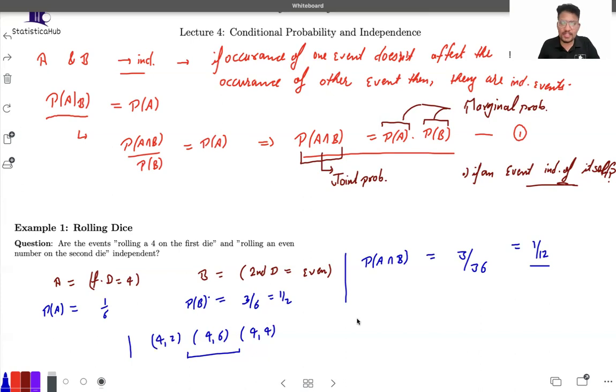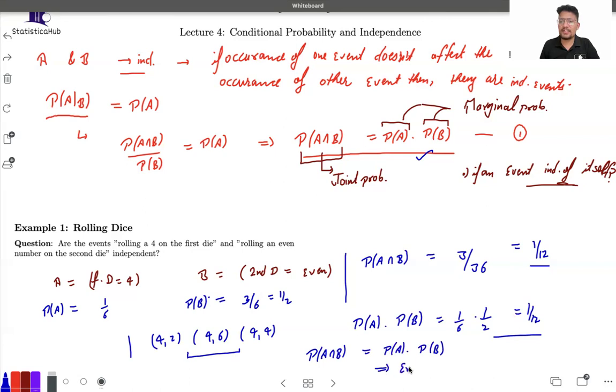Cross check probability of A times probability of B: 1/6 times 1/2, I'm getting 1/12. So you can see this condition is being held. Probability of A intersection B is equal to probability of A times probability of B. So you will conclude that the events are independent.